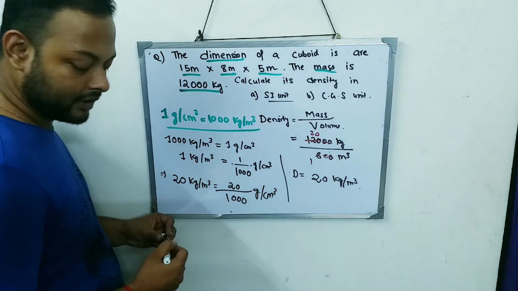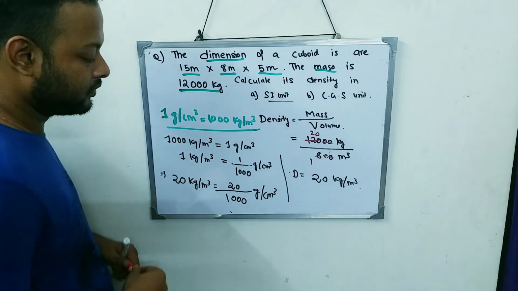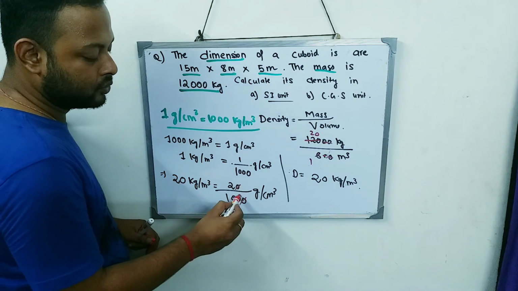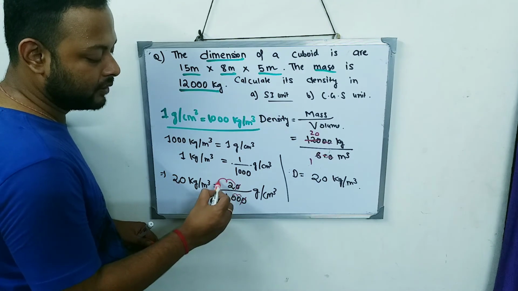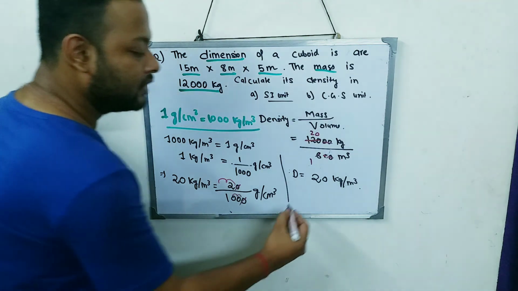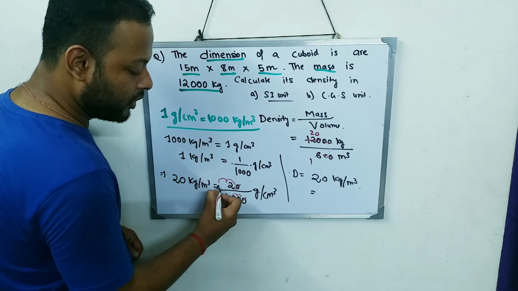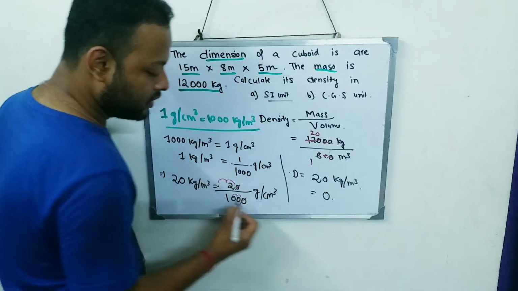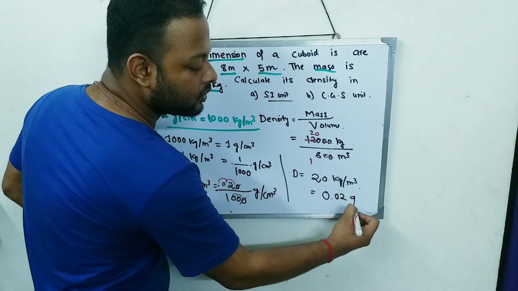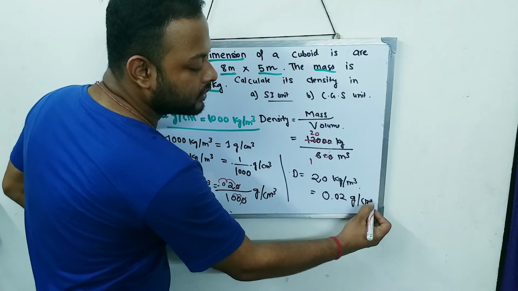If you cancel over here, what does the answer come to? 0, 0 cancels. Now 2 places, so shift the point 2 places. The point is over here, 0.02 gram per centimeter cube.